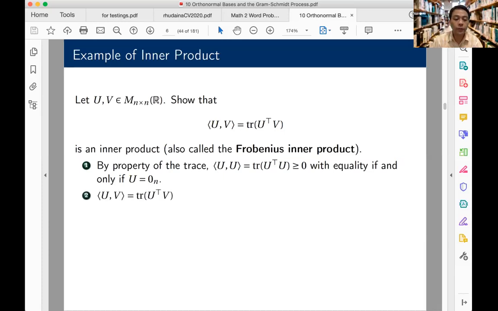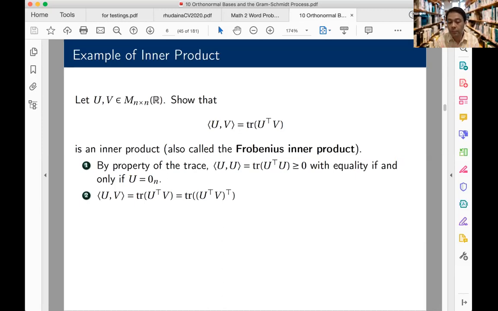How about this one? The product of U and V is the trace of U transpose V. Now take note that the trace of a matrix equals the trace of its transpose. So if we take the transpose, and remember when you take the transpose of a product, you get the product of transposes, but the positions get switched.